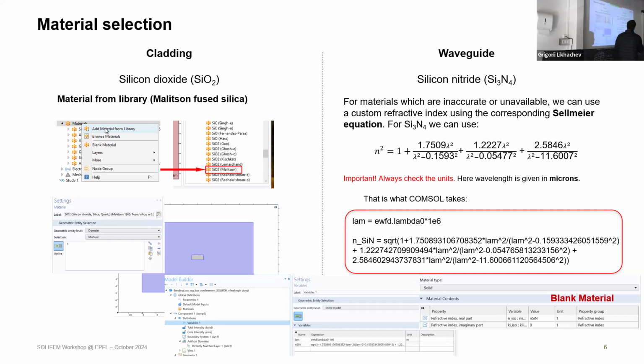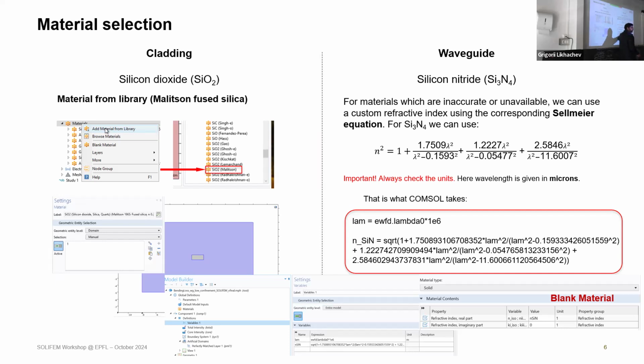Instead, we use the Sellmeier equation, which helps us estimate more correctly. It depends on the foundry, but that's our case. So we have this particular Sellmeier equation for silicon nitride, and I added it here so that one can copy and paste it into the simulation model.